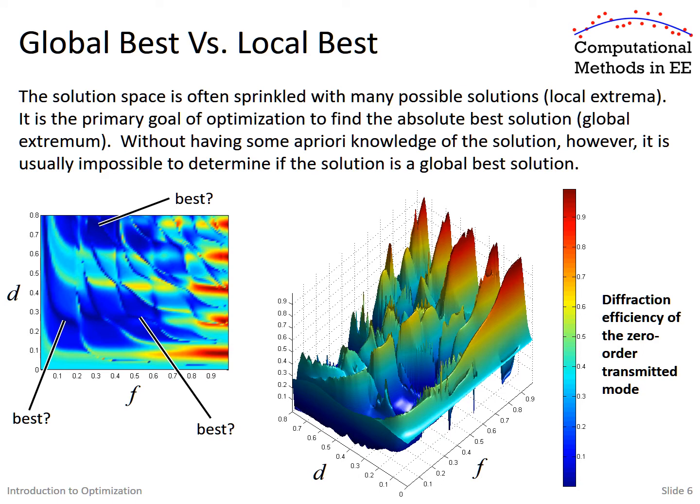Well, if you don't know anything about your device and you're using an optimization that involves randomness in any way, the only way you know that you have the global best is if you've done a comprehensive search. And we already said we don't want to do it that way because we don't have time. So if you don't know anything about your device or the solution space, there's no way you can guarantee that you've converged to the global best without this comprehensive search.